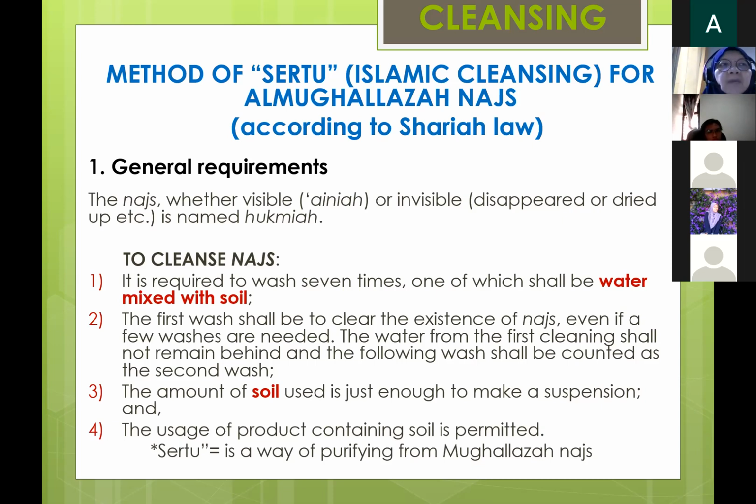I just remind you that in Malaysia, they are a little bit strict on this matter. For example, the equipment is used for making haram product, and you can wash it with sertu and use it for making halal product. And then let's say the company says the following week they want to again process non-halal product, and then they wash that equipment again using sertu, and produce halal product.